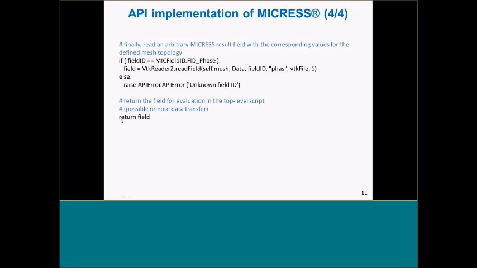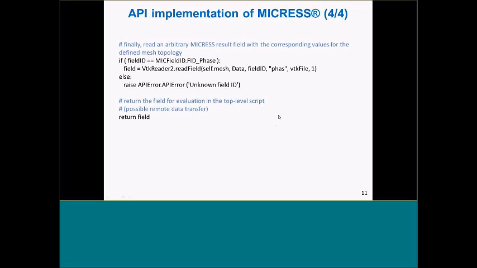And the next step is also this little line, which will steer a possible remote data transfer and pass the field object back to the top level script. And that can be a remote data transfer of megabytes or more.